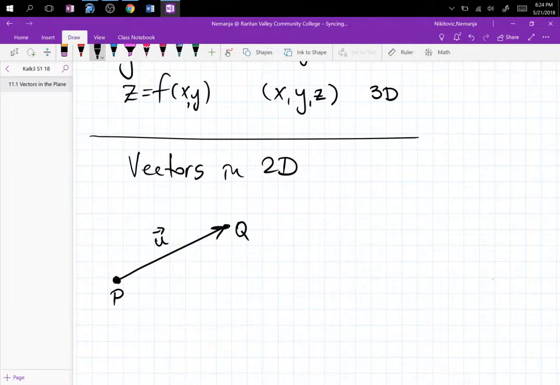So vector u can also be written as vector PQ, P being the initial point, and Q being the terminal point.